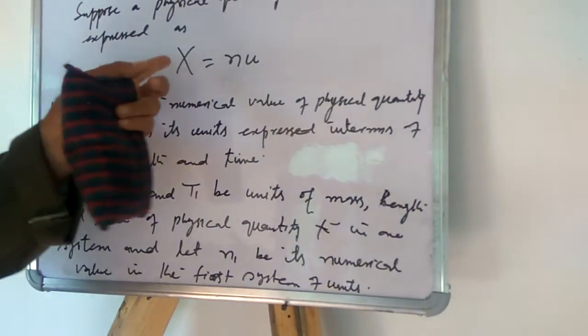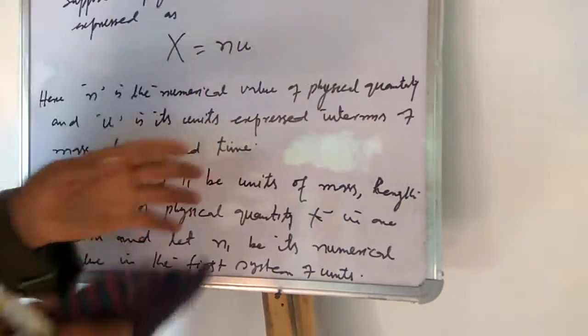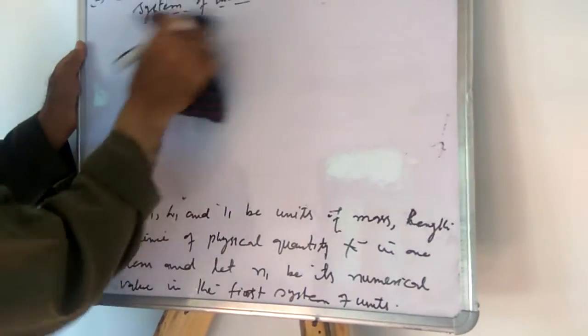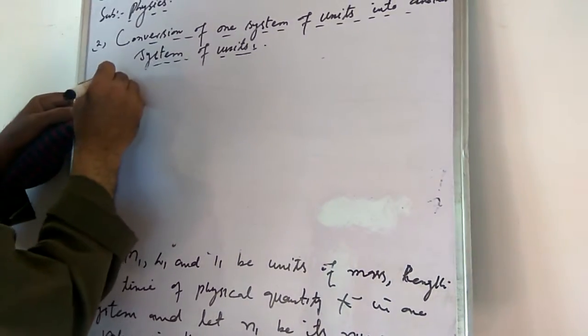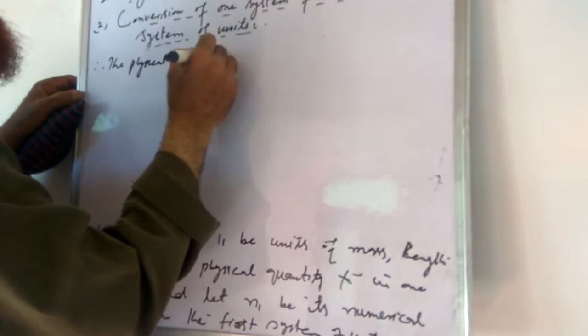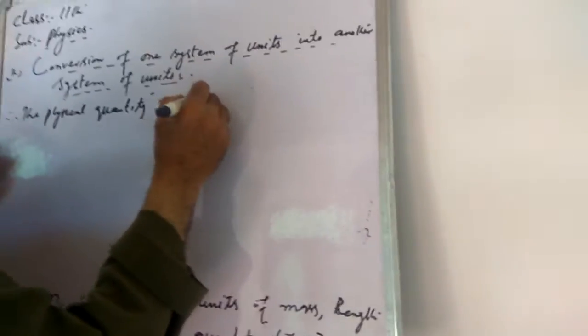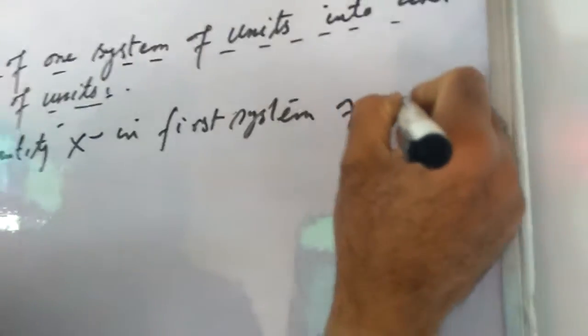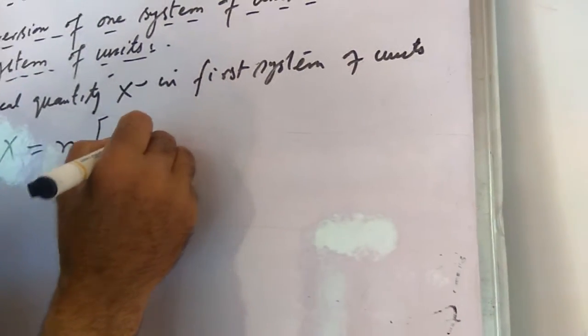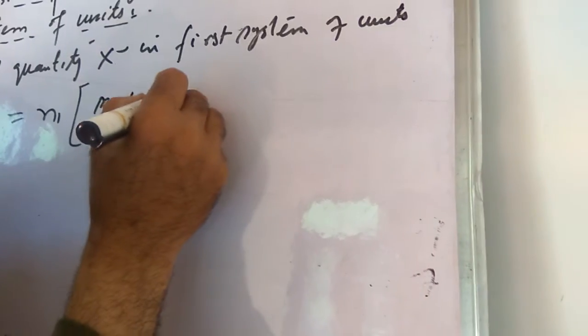So how do we write this physical quantity x in the first system of units? Therefore, the physical quantity x in the first system of units is equal to n1, m1, l1 and t1.